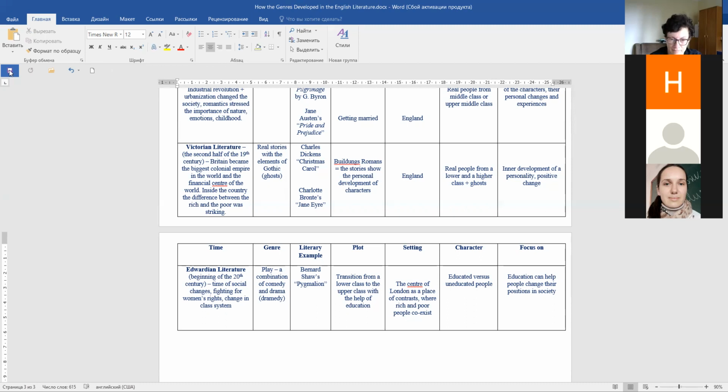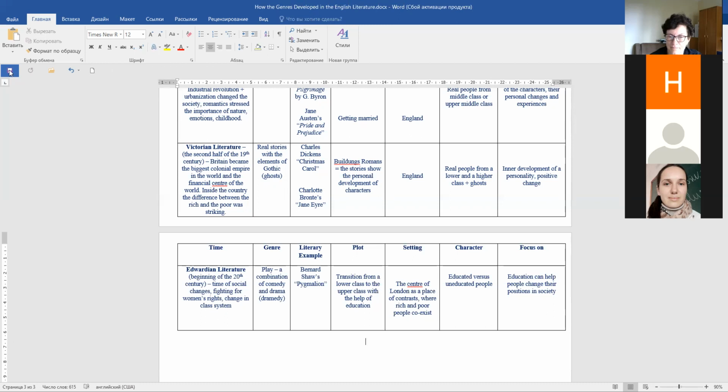The genre is play, a combination of comedy and drama. A literary example is Bernard Shaw's Pygmalion. The plot is a transformation from a lower class to the upper class with the help of education.